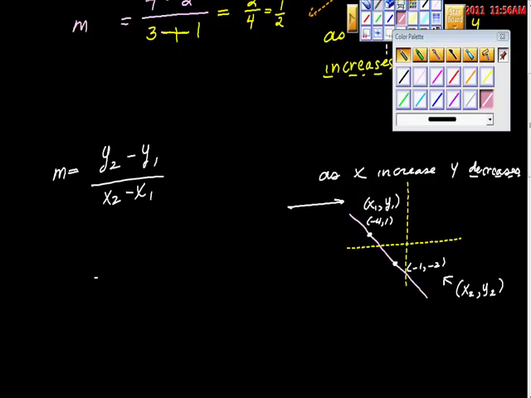So I'm going to do this negative 2 minus, right? This minus sign right here is this one right here, right? And the second y value is 1, so minus 1, right?